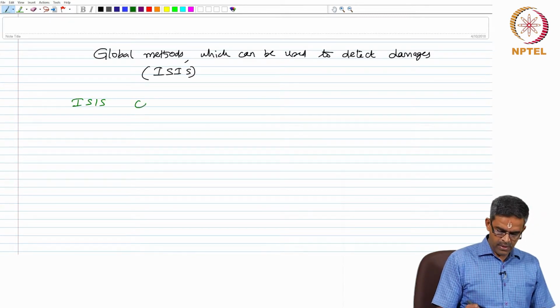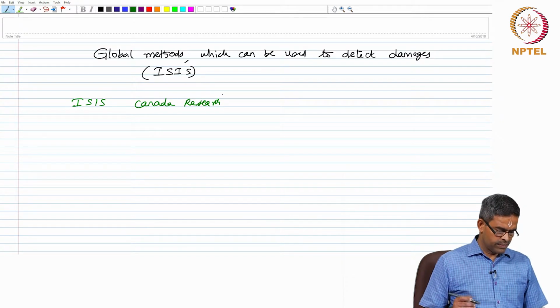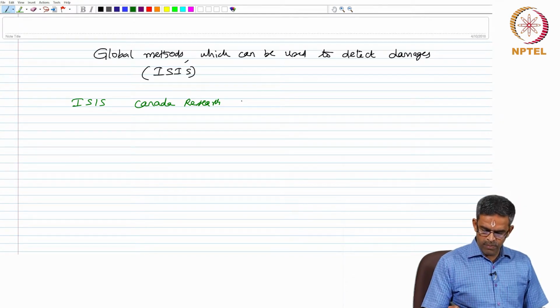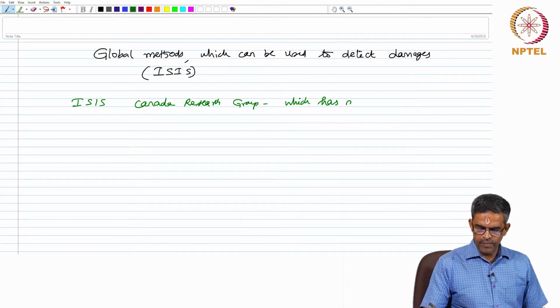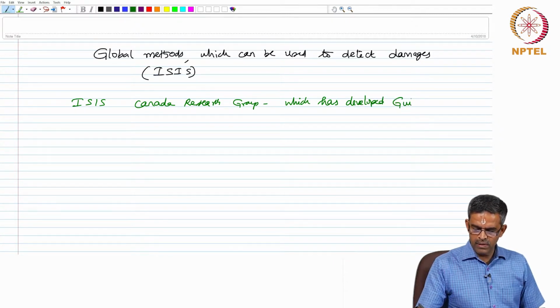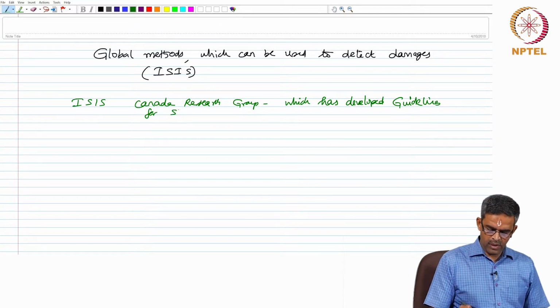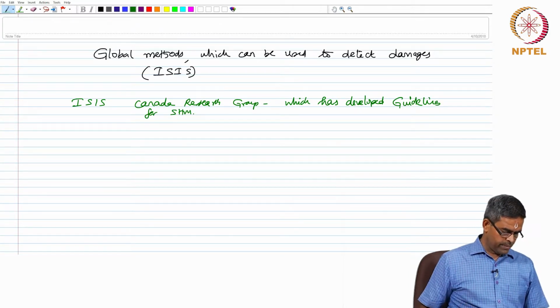ISIS is Canada Research Group, which has developed guidelines for structural health monitoring.